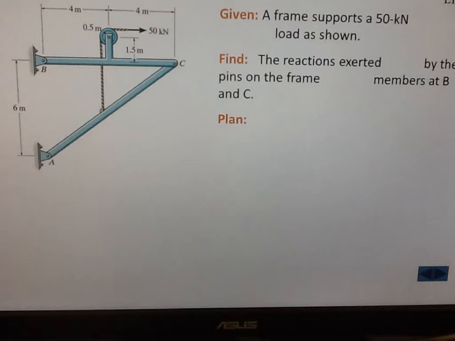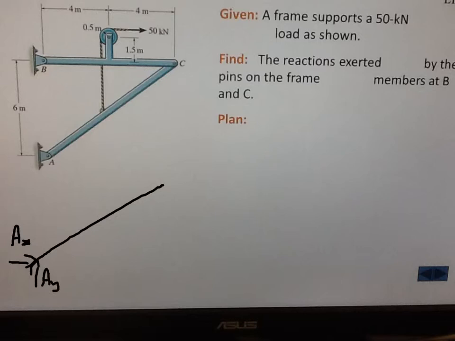So a little bit more complicated, and you've got two different bits you're going to work on here. So you can break this down into those two sections. So the first one we'll focus on is just the slanting section. The slanting section, AC, we've got a pin at the bottom, so we're going to have AX, and we're going to have AY.